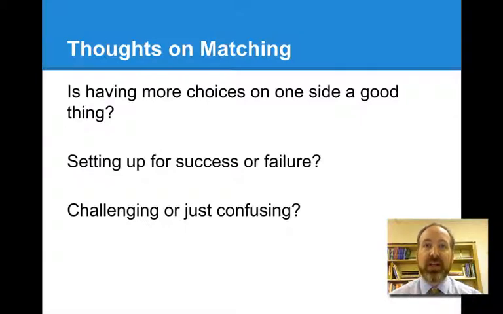Are we asking them to put different terms into different categories, in which case, sure, we're setting them up for success so that they can be successful in understanding the content. If we have a whole bunch of dates on one side and a whole bunch of events on the other, and there's more dates than events, then it might just be confusing. So you have to ask yourself, am I setting my students up for success? And am I making the question more challenging, or is it just becoming confusing?